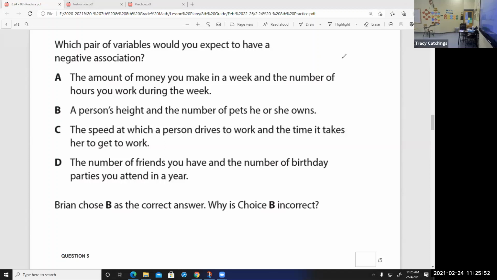Tomorrow, most likely. Which pair of variables would you expect to have a negative association? All right, so that's when one is increasing and one is decreasing. So read them and think about it before we say a negative association.